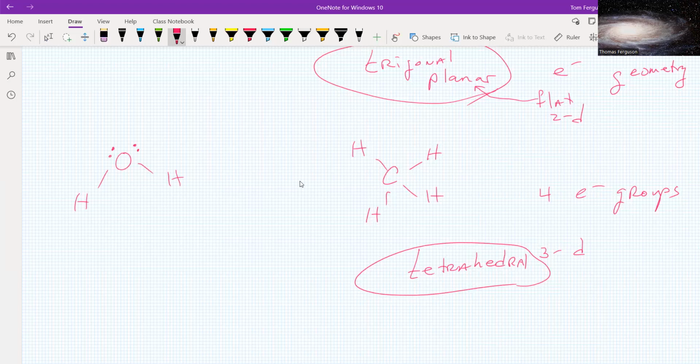How many electron groups does water have? Remember now, we count single bonds, double bonds, triple bonds, and non-bonding pairs. So water has that oxygen there with two pairs that aren't being bonded. So this has four groups.